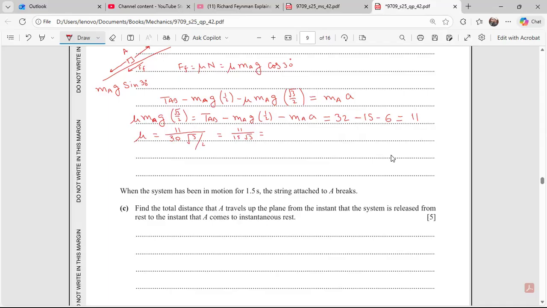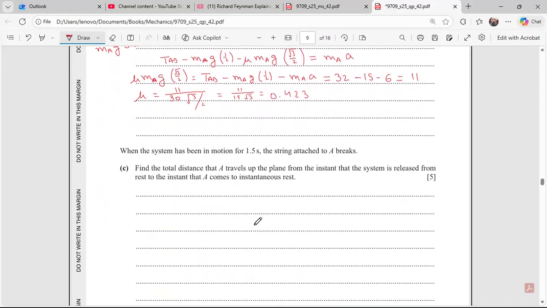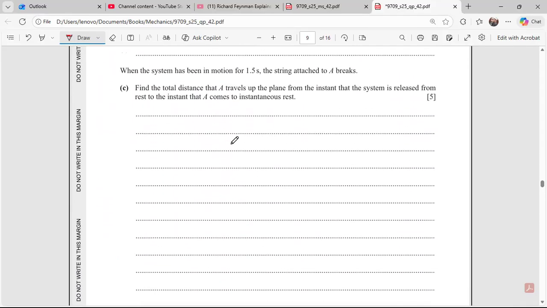Let me calculate it. 11 divided by 15 root 3 comes out to be 0.423. This is the coefficient of friction. I hope you understand all the logic I'm using here. That is important.